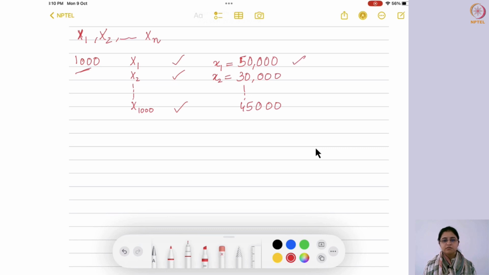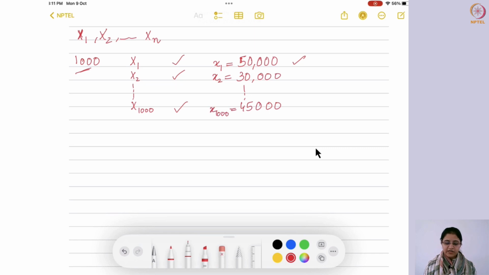The random variable has now taken the exact value, because here this is not hidden from you. You now know the exact income of that particular individual. So it is no longer random, and you know it exactly. So that is why you can write x1, x2, and it will go up till x1000.